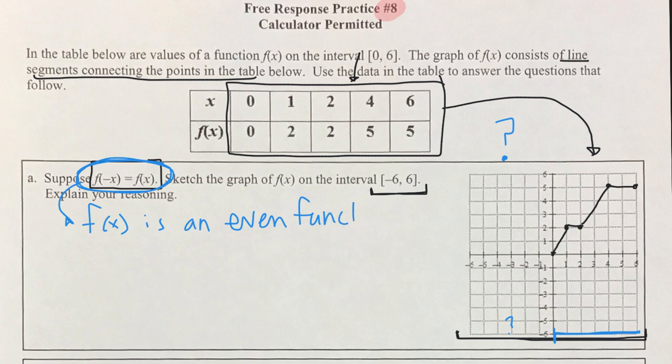An even function. This is our definition of even, that f of -x is the same as f of x.